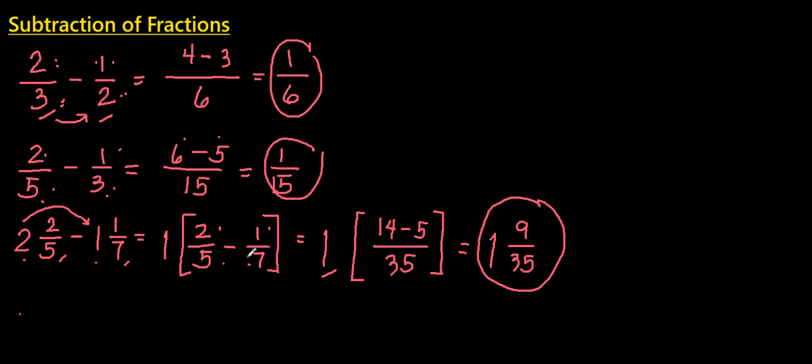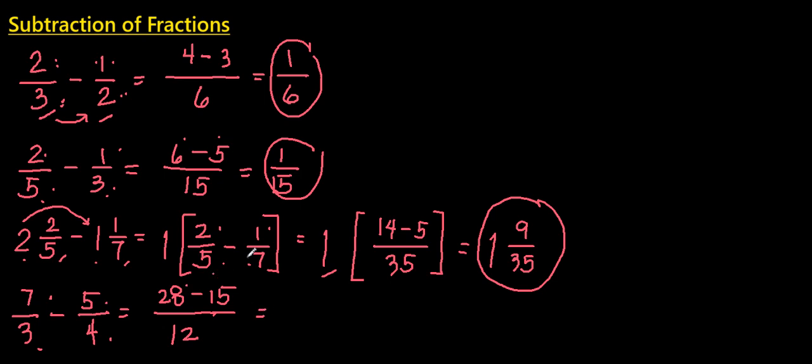Let's try another one. Let's have 7 over 3 minus 5 over 4. So both are improper fractions, but we can proceed to the method. 3 times 4 is 12, then cross multiply. 7 times 4 is 28, minus 5 times 3. 3 times 5 is 15.